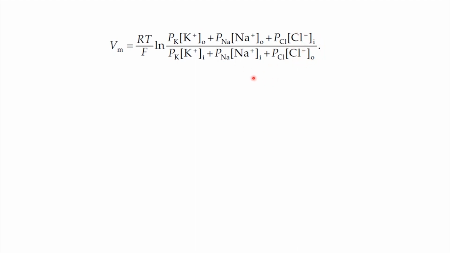And let's think about what would happen if we had only one type of ion, or if the membrane was permeable to only one type of ion. And this actually happens in glial cells, which are highly permeable to potassium, but the permeabilities for sodium and chloride are almost zero.